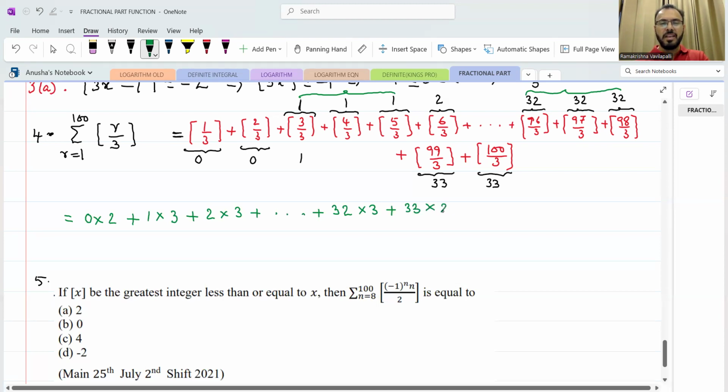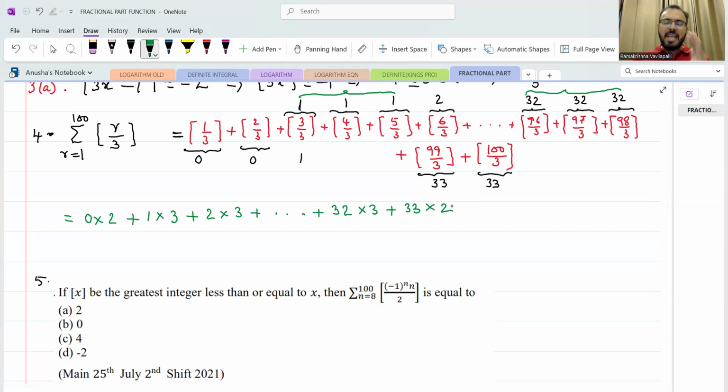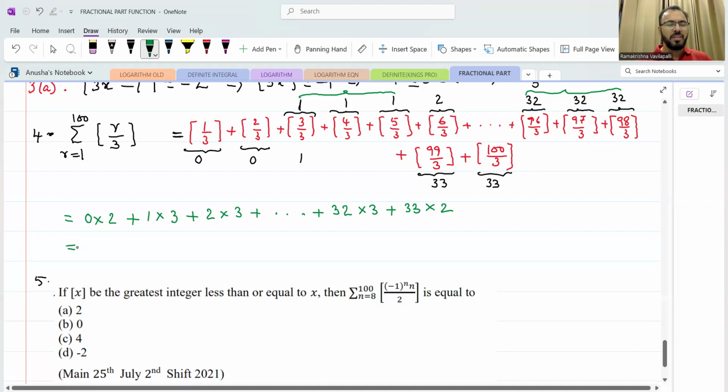So I am just listing out the individual terms and then calculating. 33 not 3 times, only 2 times.